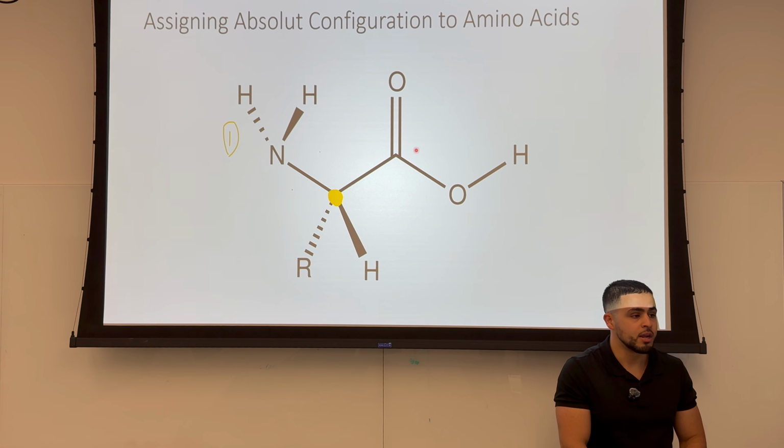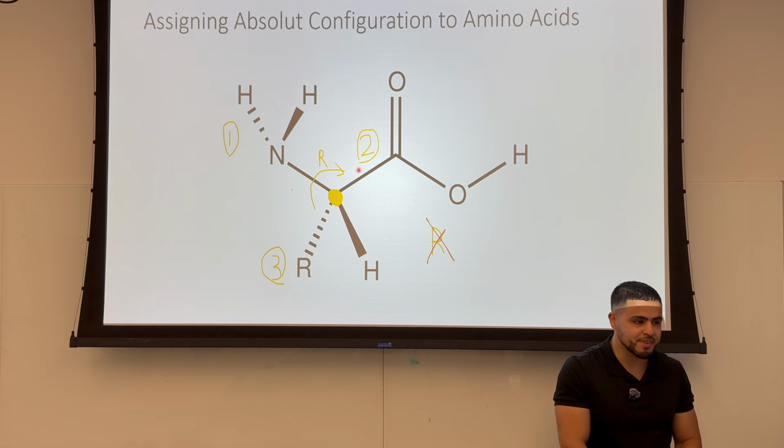So it'll be number 1. Number 2 will be the carboxylic acid, and then number 3 will be the R group. Okay, so this amino acid appears to be in the R absolute configuration, right? Because you're going from 1, 2, 3. If you're going clockwise, or if you imagine yourself at that 12 o'clock position, you're turning right, then that's going to be the R absolute configuration.